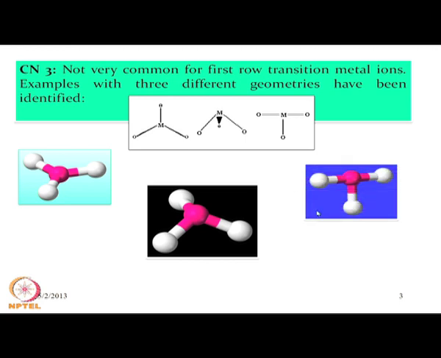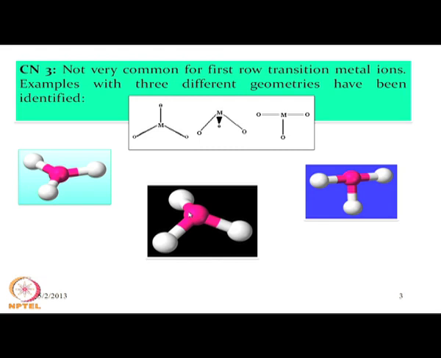And the third variety, which is pretty important to know, is the T-shaped geometry, where these two atoms are 180 degree apart, giving rise to an angle of 180 degree from one side to the other, but the third one is in between, which is giving 90 degree to each other. So, if we have a planar geometry, we will be getting an angle of 120 degree around the metal center.